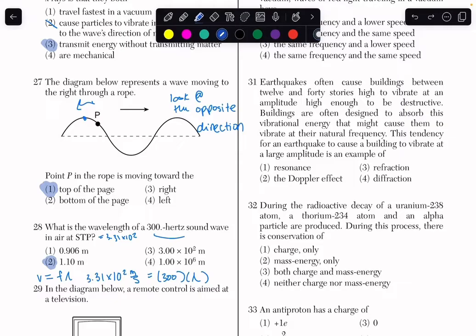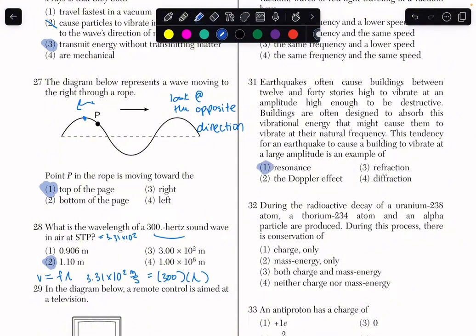31. Earthquakes often cause buildings between 12 and 40 stories high to vibrate at an amplitude high enough to be destructive. Buildings are often designed to absorb this vibrational energy that might cause them to vibrate at their natural frequency. This tendency for an earthquake to cause a building to vibrate at a large amplitude is an example of 1, resonance.